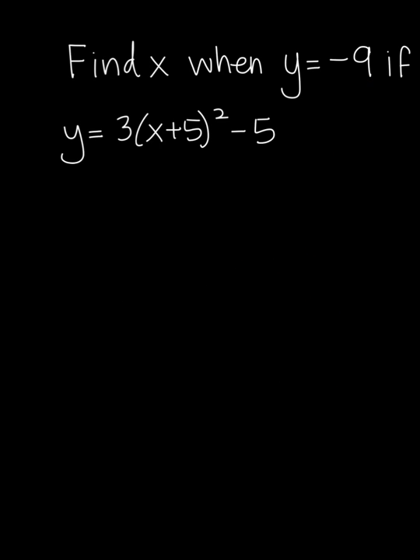Okay, so let's solve how we know how to solve and see the negative square root show up along the way. So find x when y is negative 9. We'll have to make our substitution of negative 9.